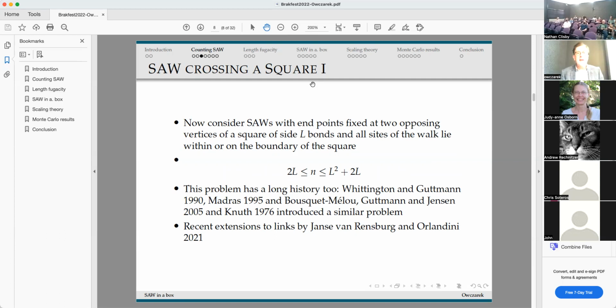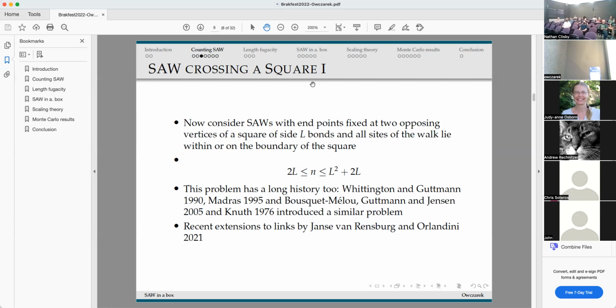Then Neil and Mireille and Ivan and Tony in extensive papers in 2005 looked at this. And there's been some recent work, not just about crossing a square but to do with links, as I said, Bucks and Enzo, which inspired Chris and I to have a look at the more general problem that we'll look at today.